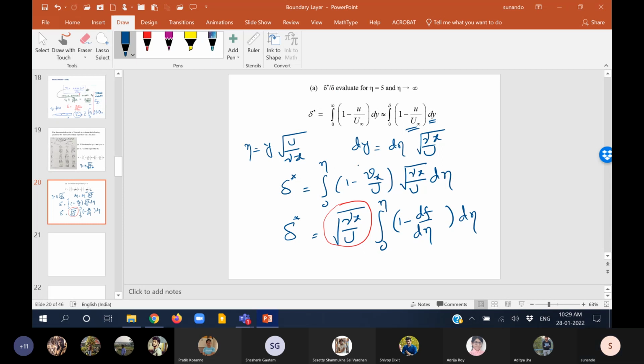Do you feel that this is something which we can convert to delta? Yes, sir, that should be equal to delta.